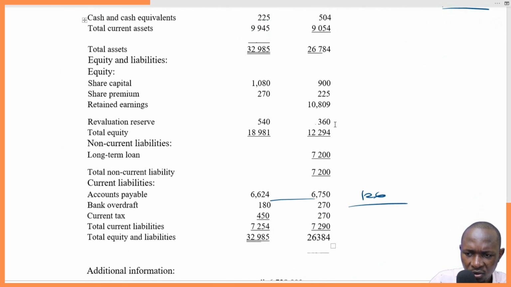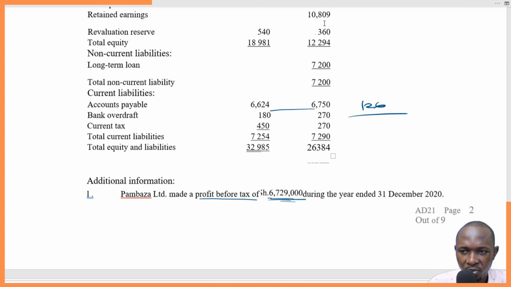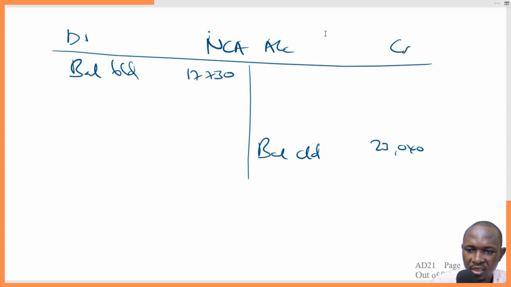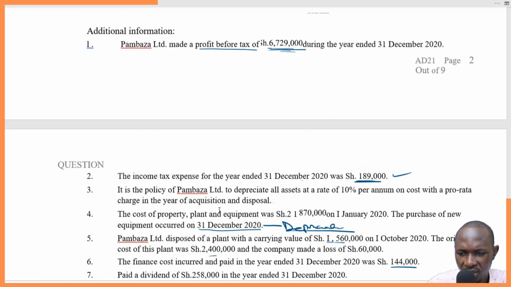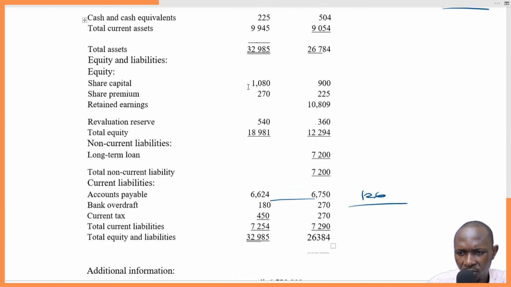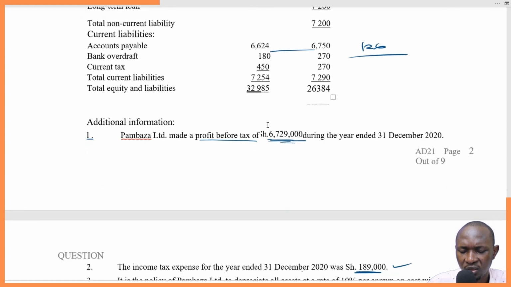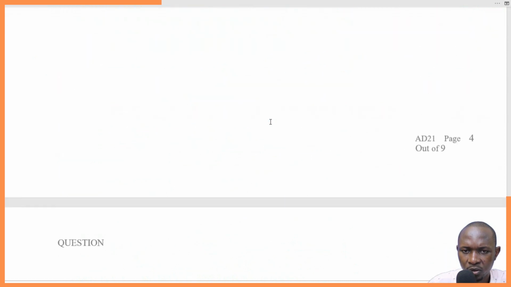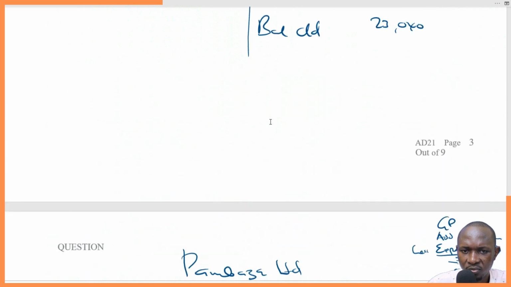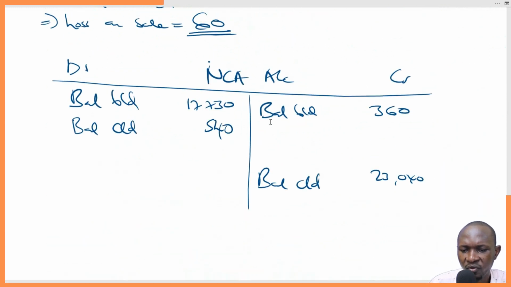Yeah, so revaluation 360, balance brought down is 360 on the credit side. You can see brought down 360 because it's found in the liabilities. And then balance carried down will be 540.